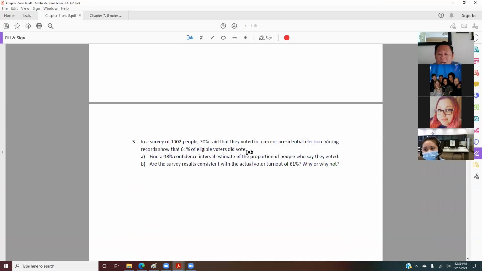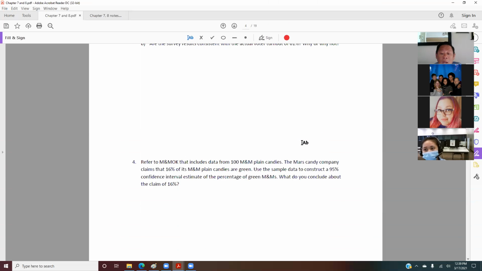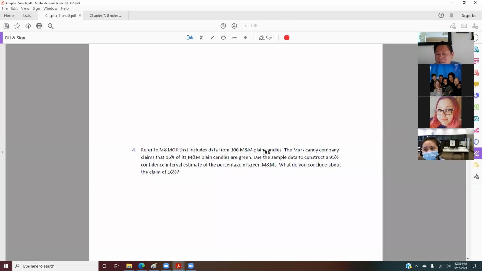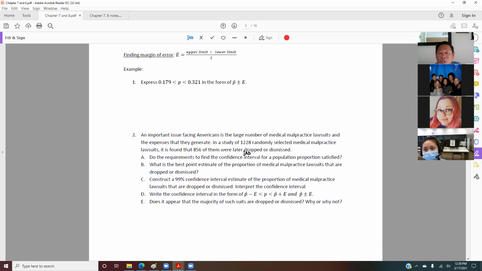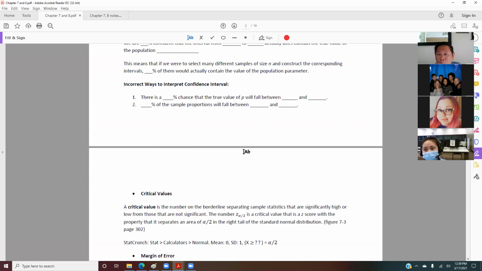Another example is voting in the election: either yes, you voted, or no, you did not vote. This one is about M&M candies. There are colors, green, yellow, orange, and all these colors. So they are categorical. That's why when you talk about proportion, chapter 7.1 is all about categorical variables.